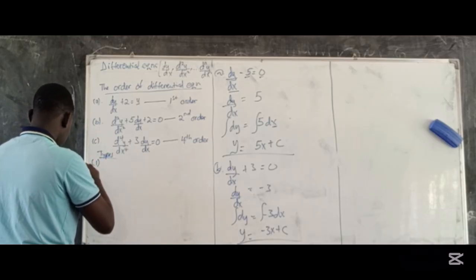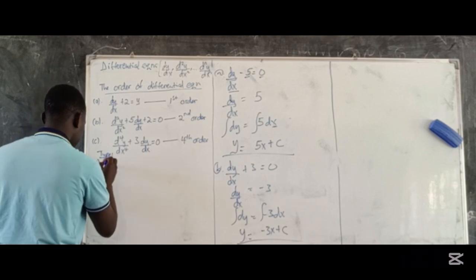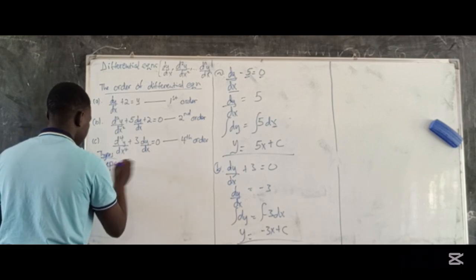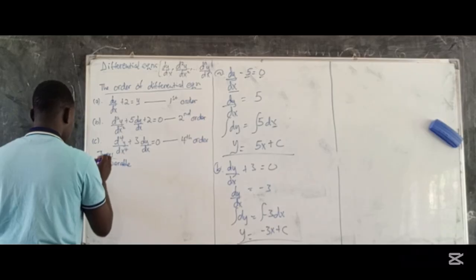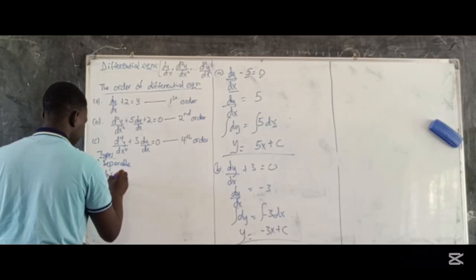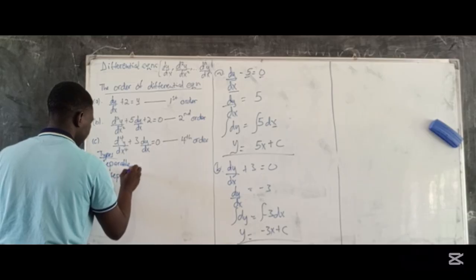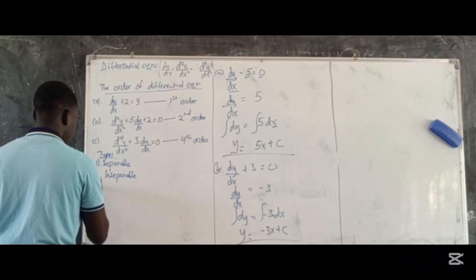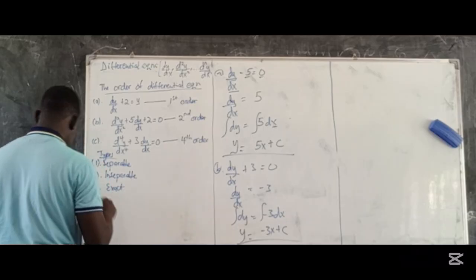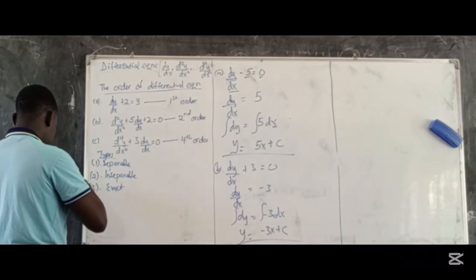Well, we can have 1, separable. 2, we can have the exact opposite, inseparable. 3, I would have the exact. We shall see all that.